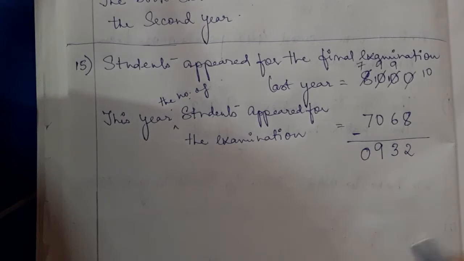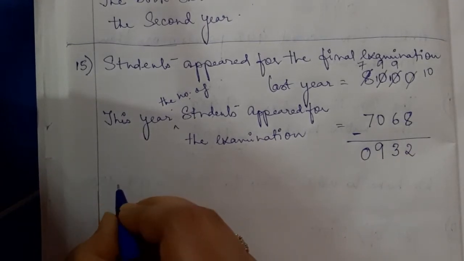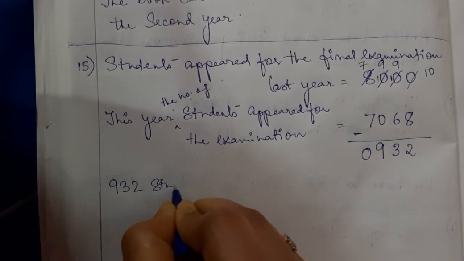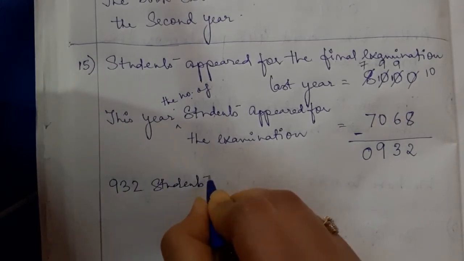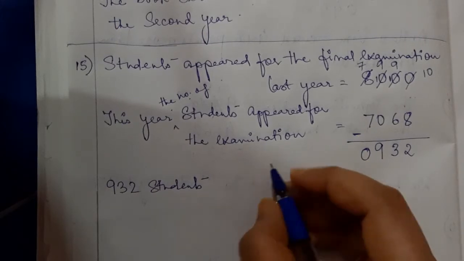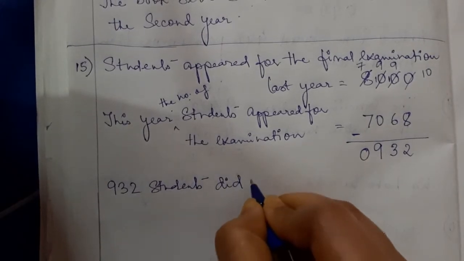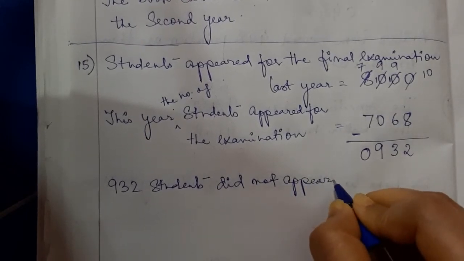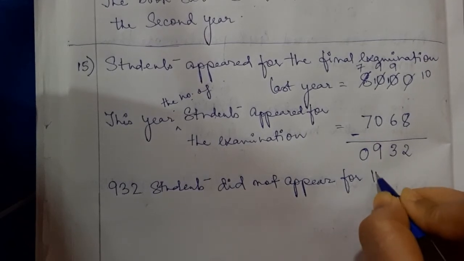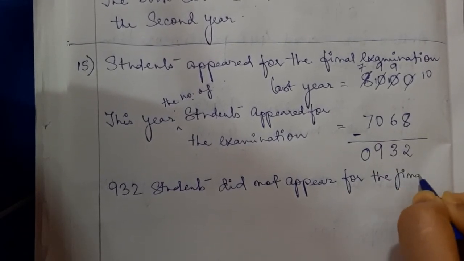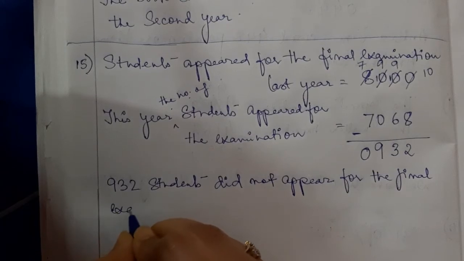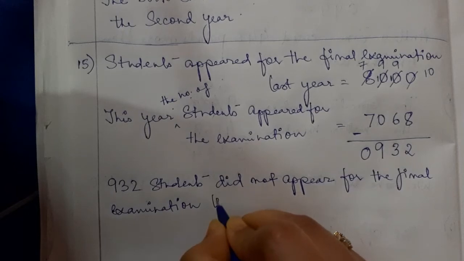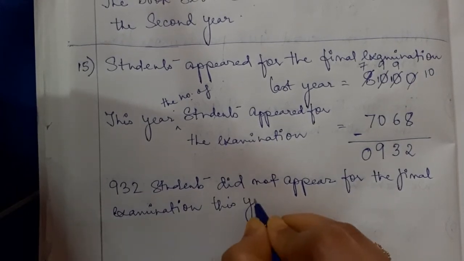Okay, so the final statement will be 932 students did not appear for the final examination this year.